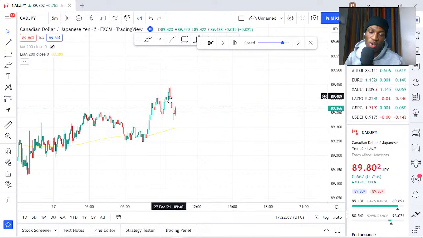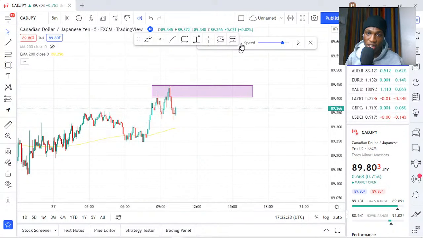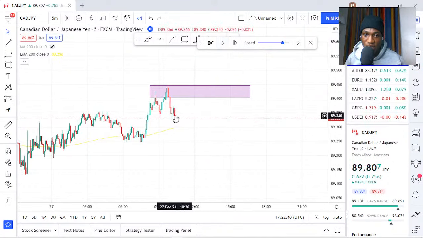So if I look at this trade right here, I could see that the market is already forming what looks like a double top, but I can't enter this trade unless I've seen a confirmation, which is another reason why traders lose money. No confirmation, you just see something like this and you're like, okay, this is going to be a double top. Let me just go ahead and place a sell right here.